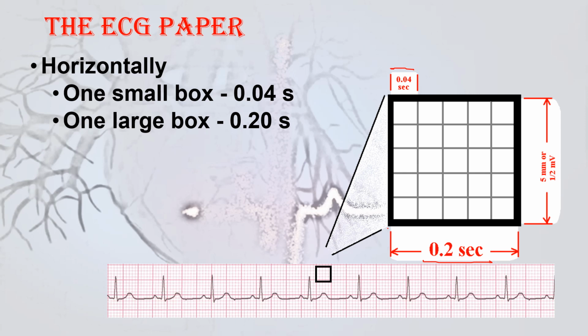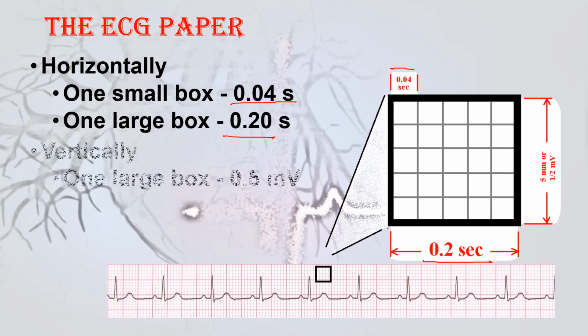One large square on the vertical axis is 5 mm, that is, half a millivolt. So one small box is 0.04 second and one large box is 0.2 second, and vertically, one large box is 0.5 millivolt.